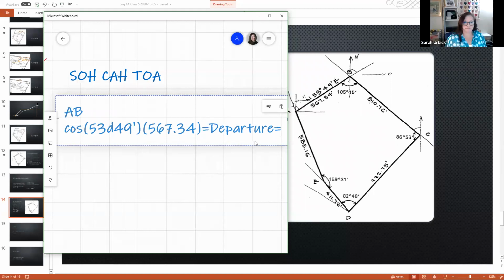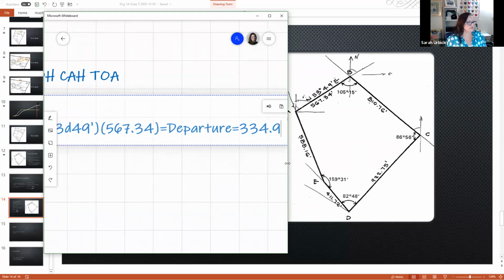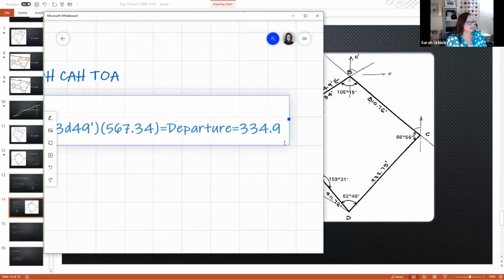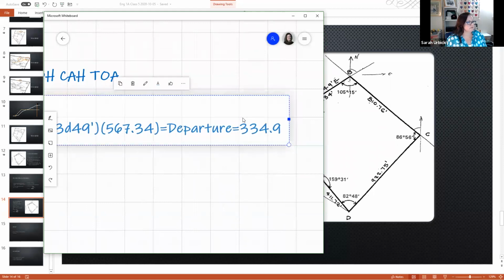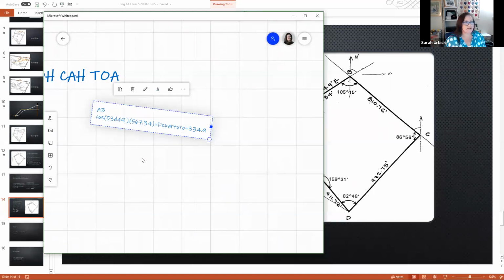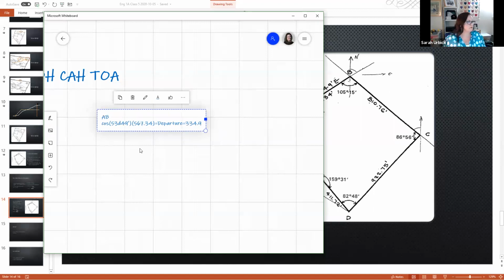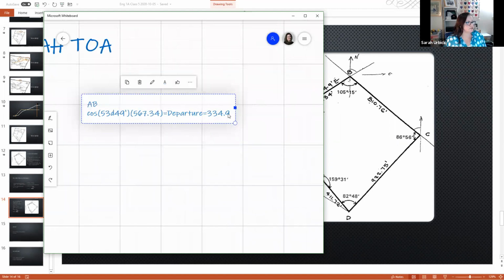Perfect. All right. Let me expand this out a little. You guys all see this well enough? If I make it too small, let me know. All right, so that's going to be our departure.